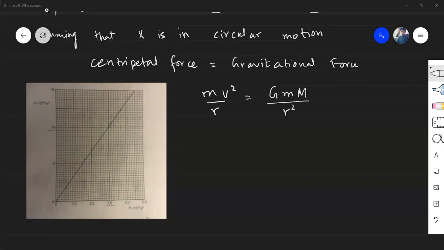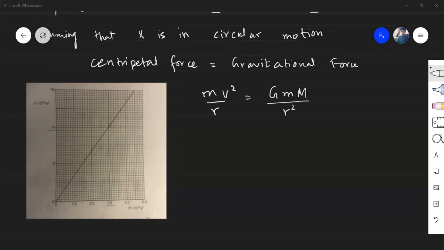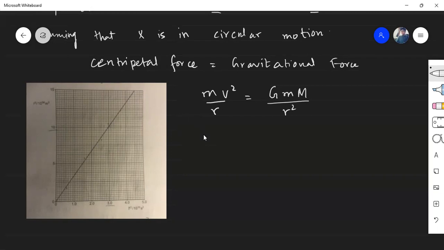Is it okay? So now we're just going to rearrange, since the mass of the planet X is cancelled and we're going to cancel r and r. So this is going to become v squared is equal to G M over r.